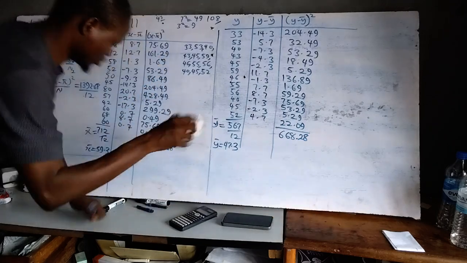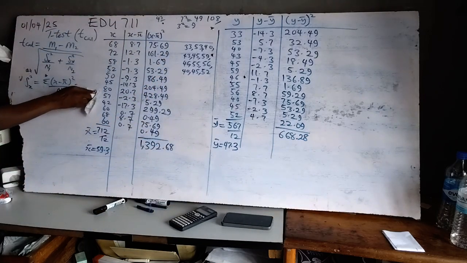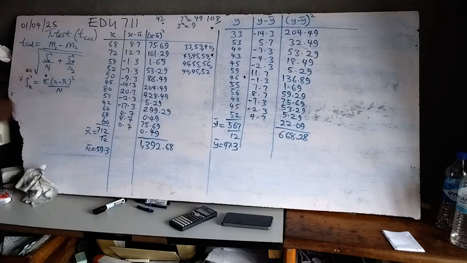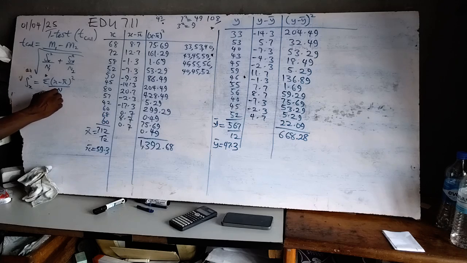Now to avoid confusion, let me put it here. 1392.68 over 12. What does that give us?